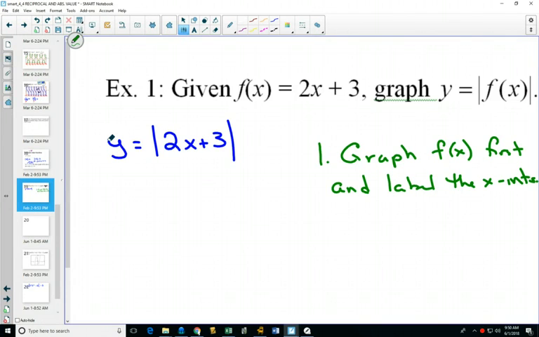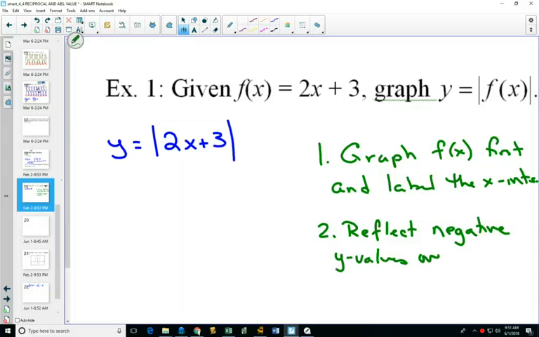After graphing f of x first, wherever the y values are negative and they become positive, what that does graphically is it reflects it over the x-axis. So I'm going to write reflect negative y values over the x-axis. So let's see what this looks like.